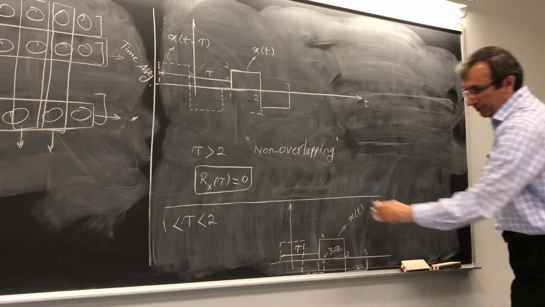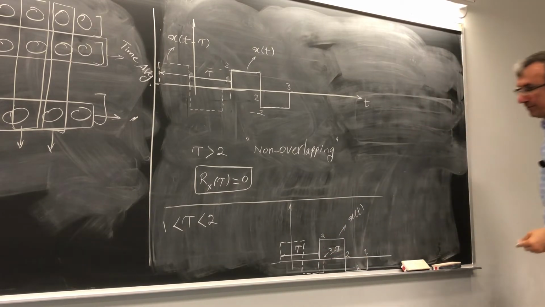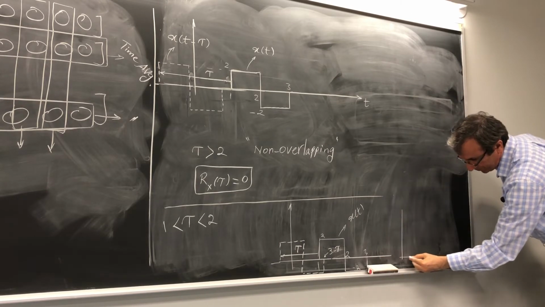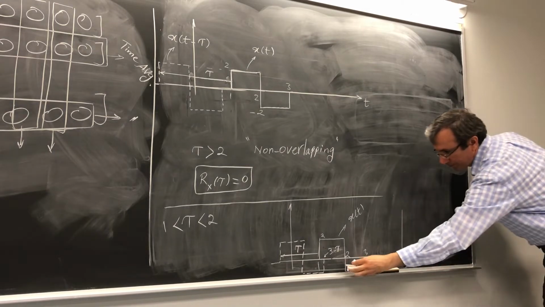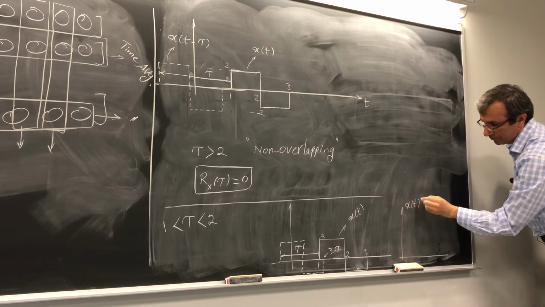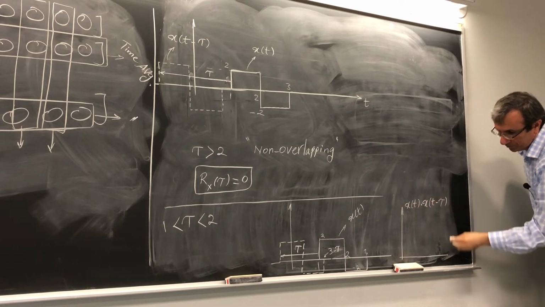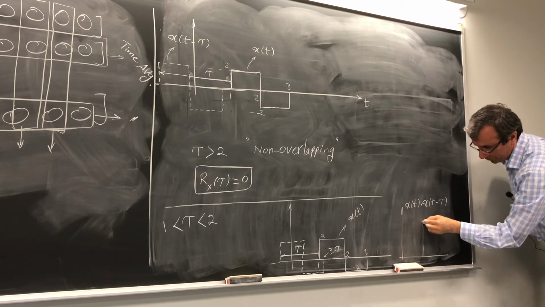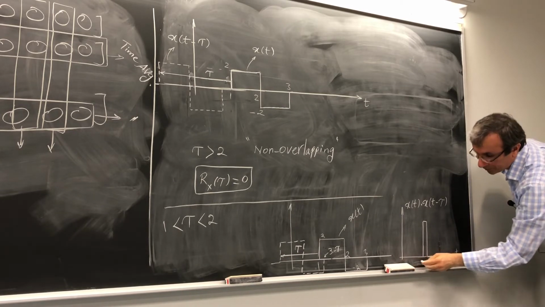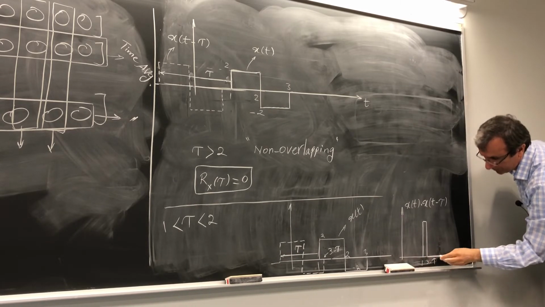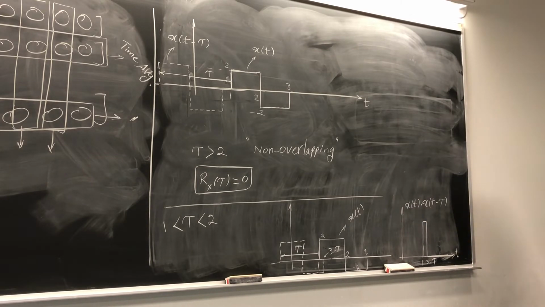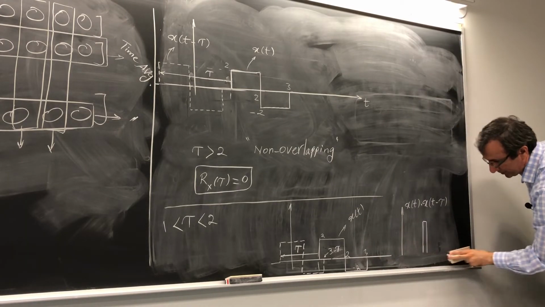So the overlap would be from 1 to 3 minus tau. From 1 to 3 minus tau. What is the height? 2 times, I'm sorry, this is a negative pulse.